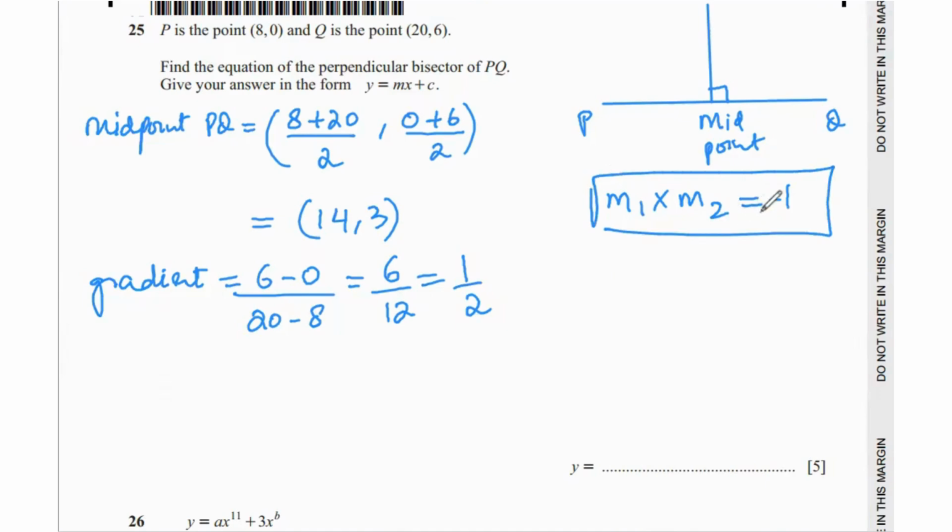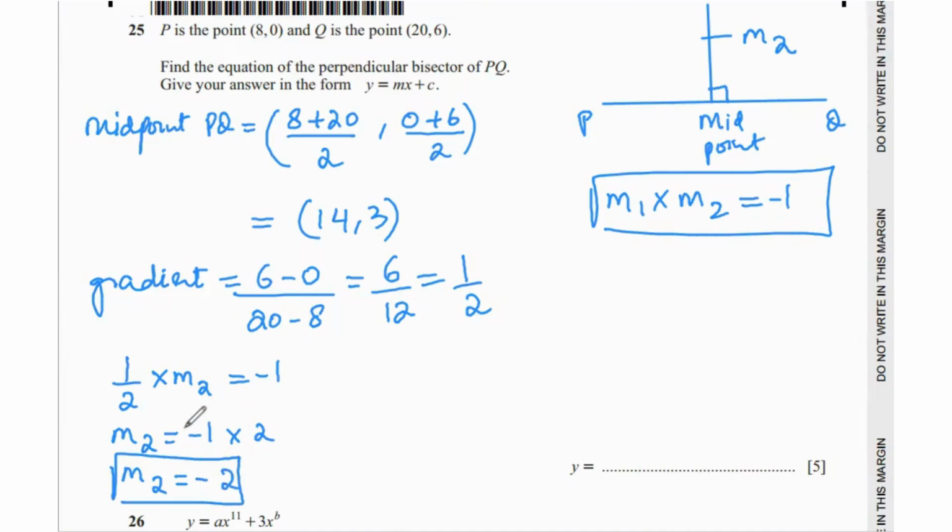That is the condition that we always use for perpendicular lines, which means the gradient of the perpendicular bisector will be m2. So 1 over 2, which is m1, times m2 equals negative 1. m2 is going to be negative 1 times 2, and that gives us negative 2. So the gradient of the perpendicular bisector is negative 2. So y minus 3 equals negative 2 times x minus 14.